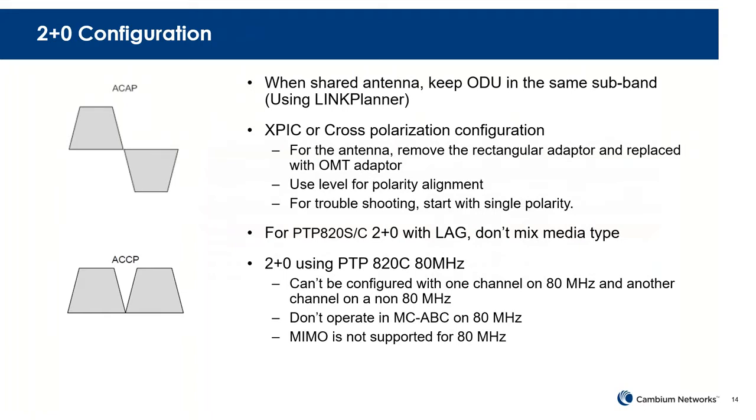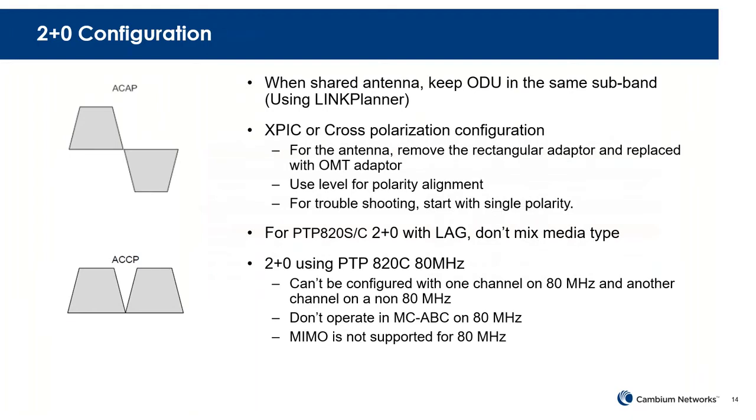Also keep in mind that with an 80 megahertz channel, you cannot turn on MCABC, because one of the big reasons is the limitation of 1 gigabit per second with MCABC. If you're running 80 megahertz in 2+0, you will usually get more than 1 gig, and with MCABC you are limited to 1 gig.